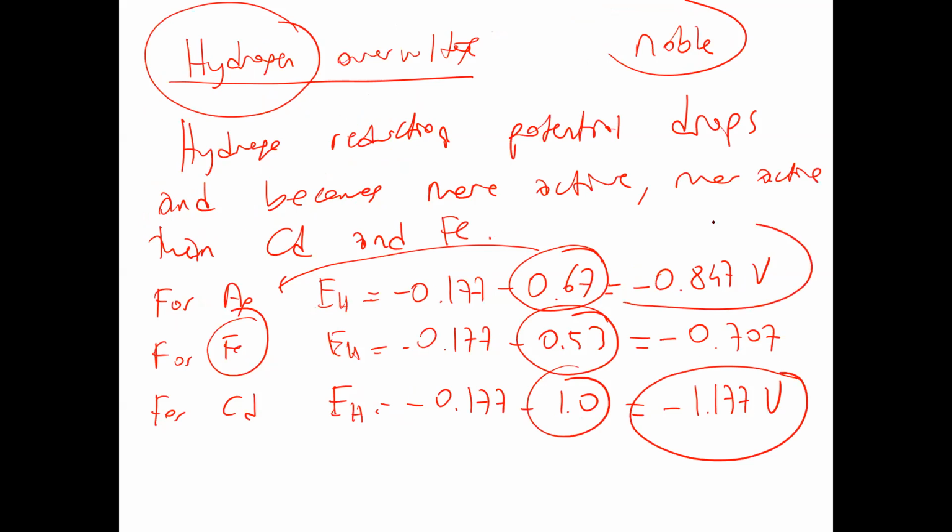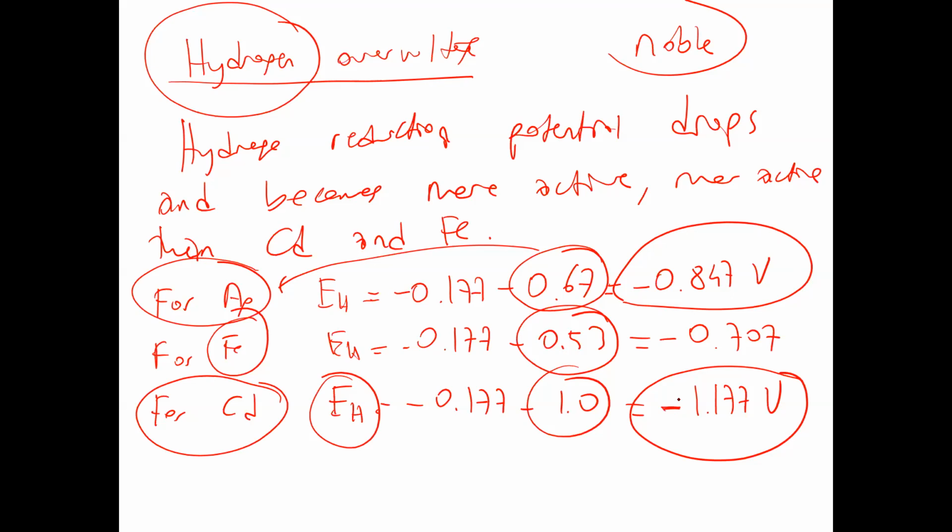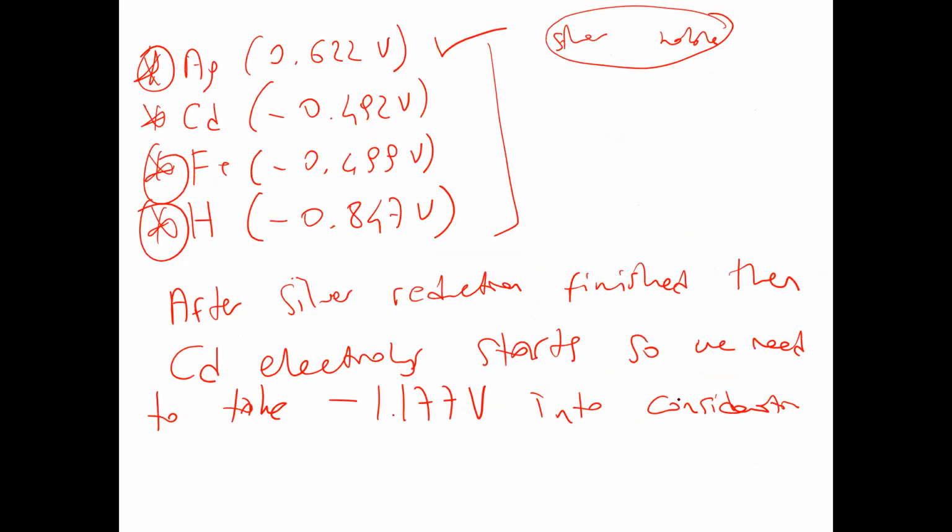The first, we take this value for hydrogen reduction because our overvoltage is 0.67 volt, and then when this finishes, it comes to cadmium reduction. When it comes to cadmium reduction, hydrogen reduction potential drops to minus 1.177 volt, and this is the reason I take this one.